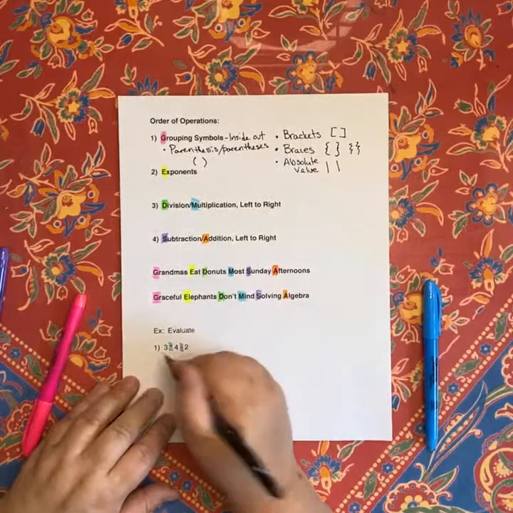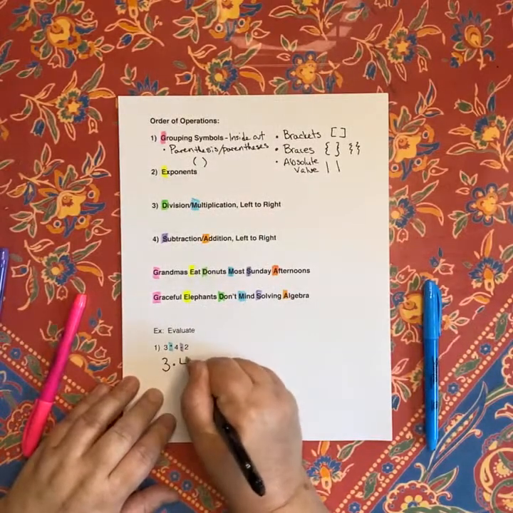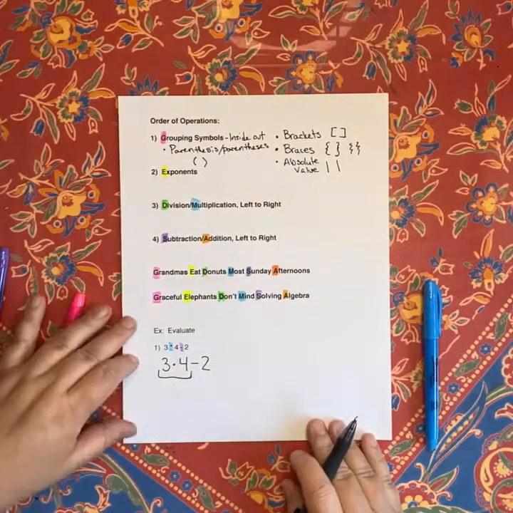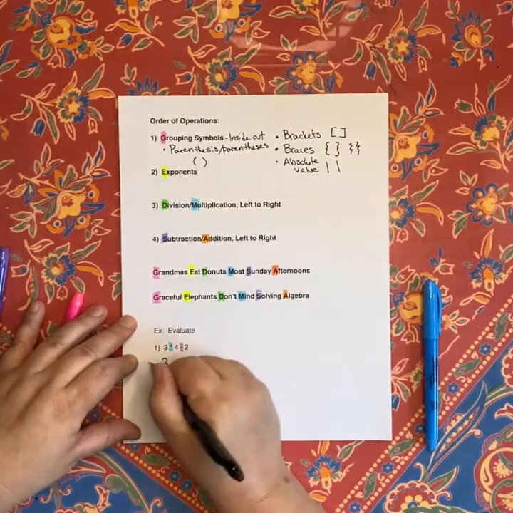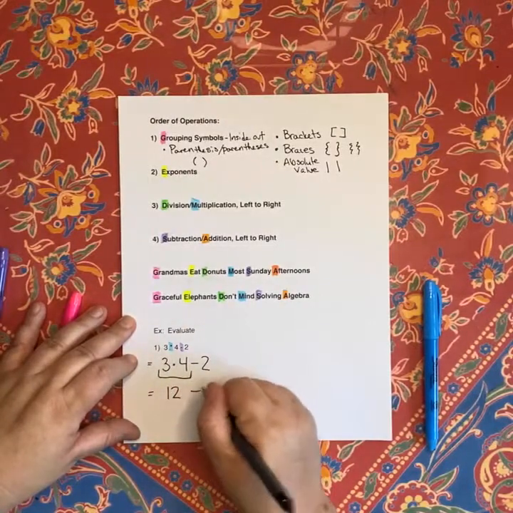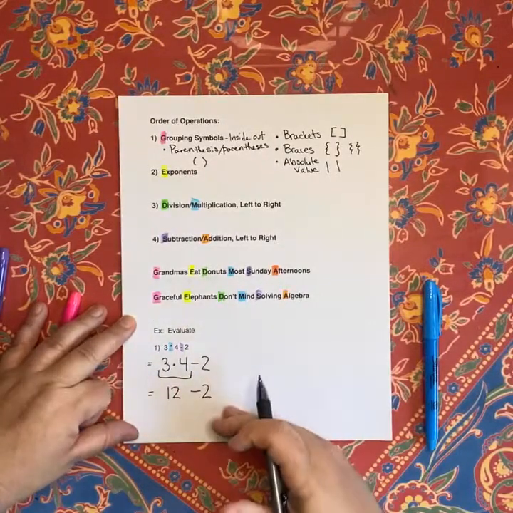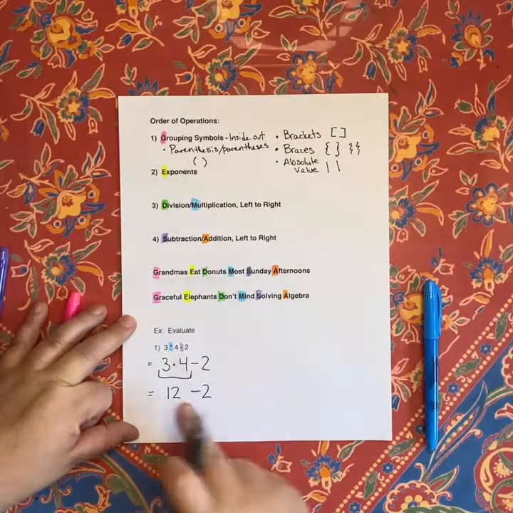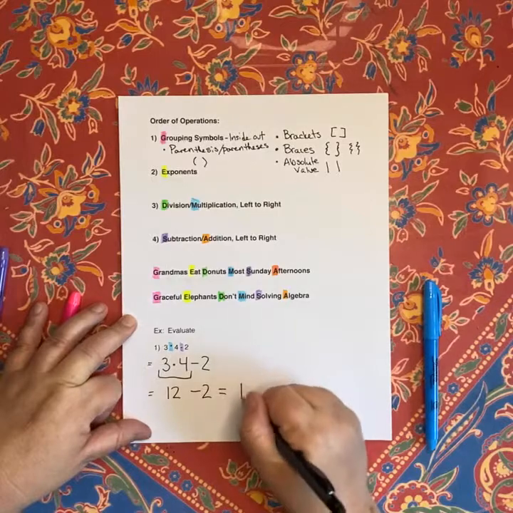So the multiplication is the one I'm going to do first. It also happens to be first in line. So that's 12, and then the minus 2 just waits. I just bring it down. As soon as I finish the first operation, I say 12 minus 2 is 10.